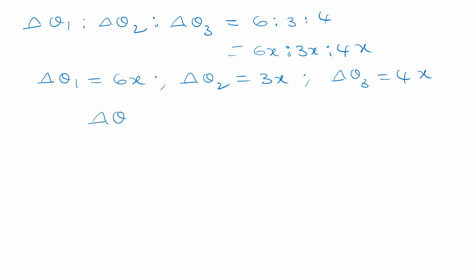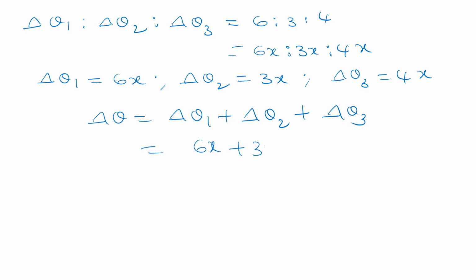Delta theta is equals to delta theta 1 plus delta theta 2 plus delta theta 3. That is equals to substituting value 6x plus 3x plus 4x. So delta theta is equals to 6 plus 3 9, 9 plus 4 13x.